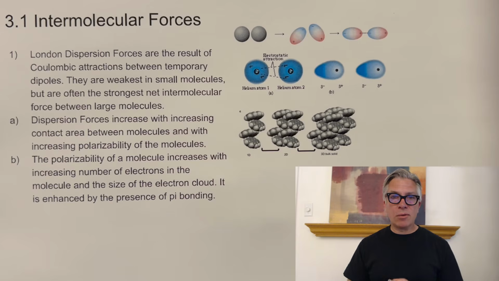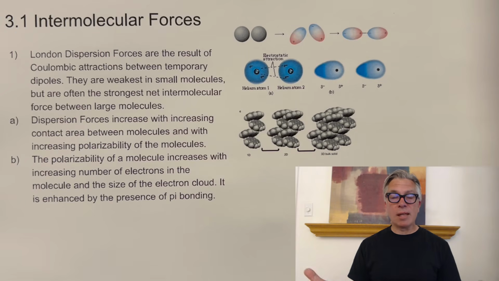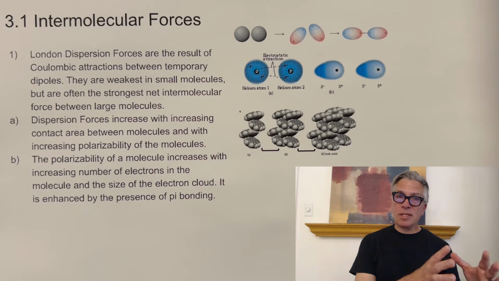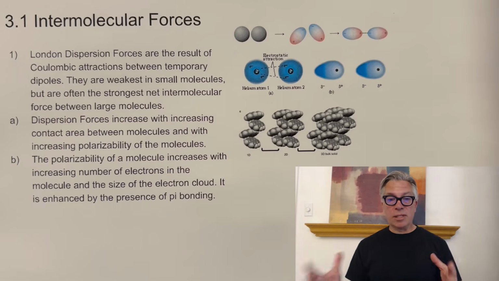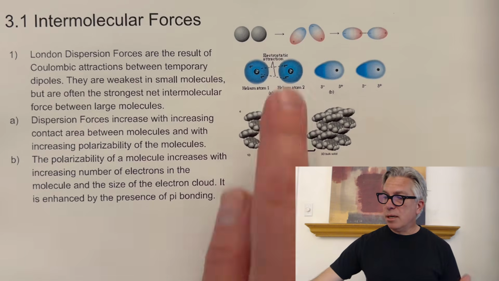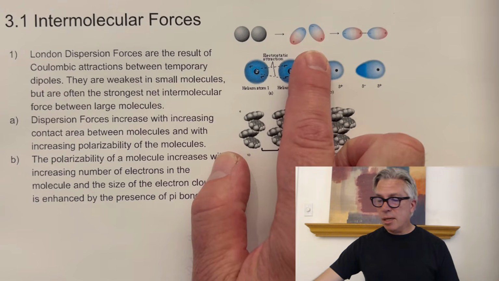They move around through the molecule, and at any given moment, they might be evenly dispersed, so there's no imbalance, but they might all be over on one side of the molecule or the atom. And so you get a negative end of the atom or molecule, and the other end is positive. And so you have these momentary dipoles that can then interact with other momentary dipoles just for a brief instant of time, and then they go away.